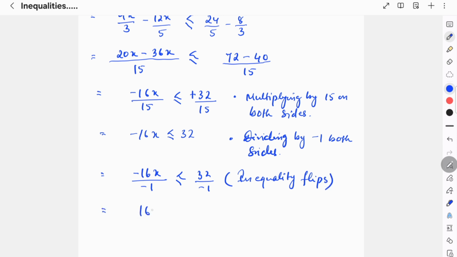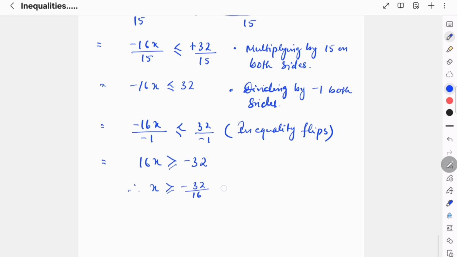Now the inequality changes and we have 16x is greater than equal to minus 32. So x will be greater than equal to minus 2.